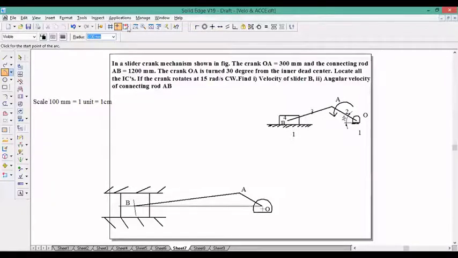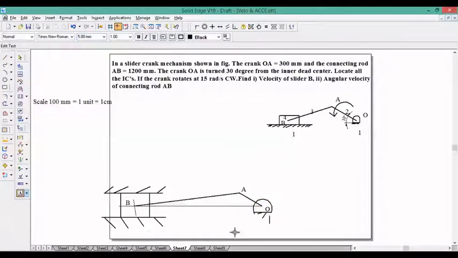Now we need to identify the number of links. Let us call the fixed link as number 1, the crank as number 2, the connecting rod as number 3, and the slider as number 4.